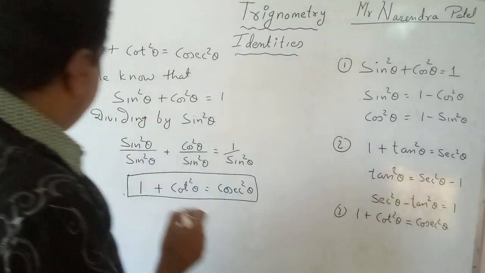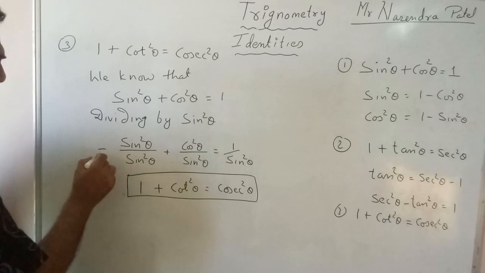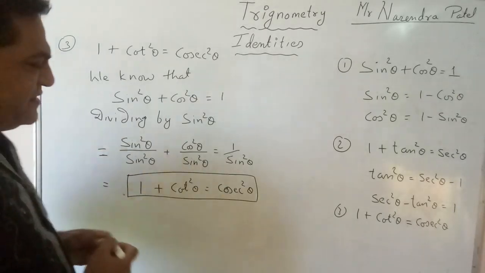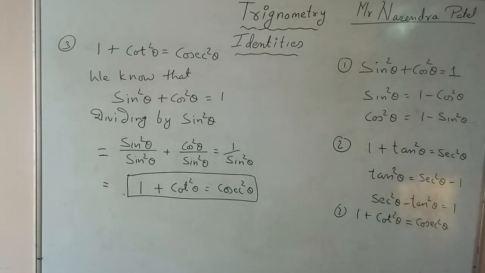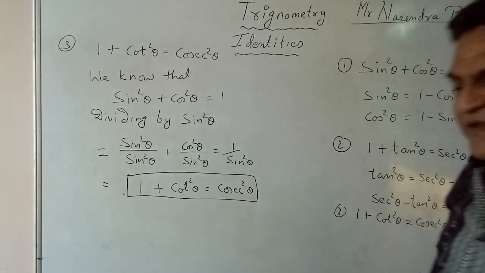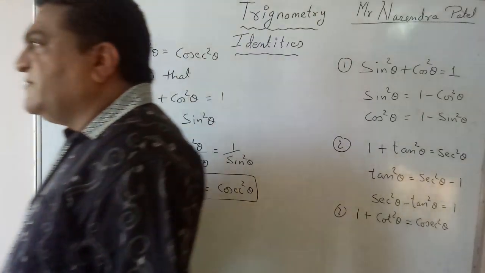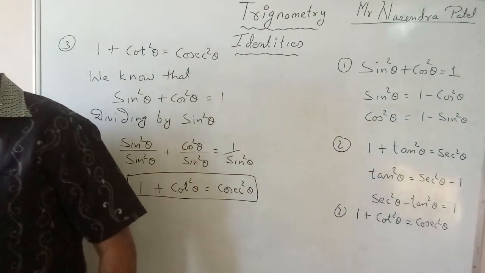For proving the third identity, what I have done, I have taken the first identity and then I have divided that first identity by sin square theta. Watch it properly so that you can also prove it. And remember this identity to use it in doing the sums also.